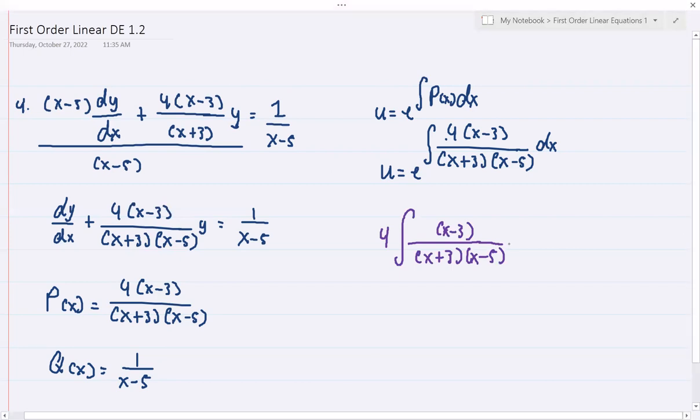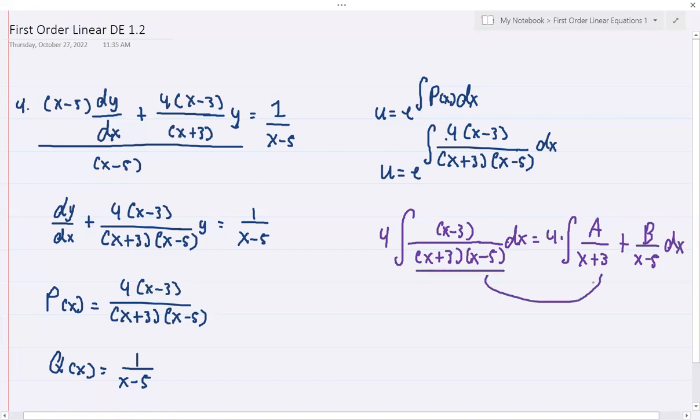Now, if you're going to recall, when it comes to partial fractions, if you have a factored form, which are this one, x plus 3 and x minus 5, then this would be 4 times the integral of a all over x plus 3 plus b over x minus 5 dx. So from this to this.